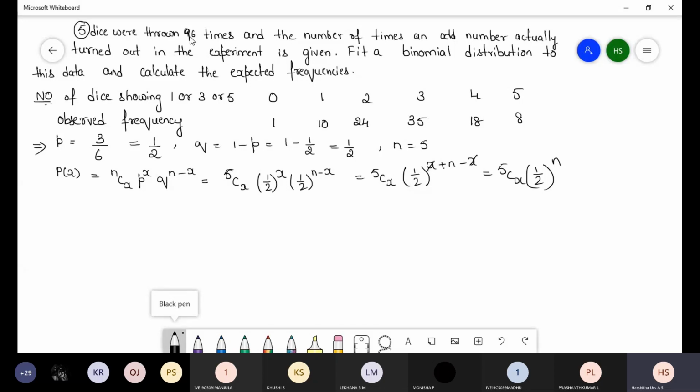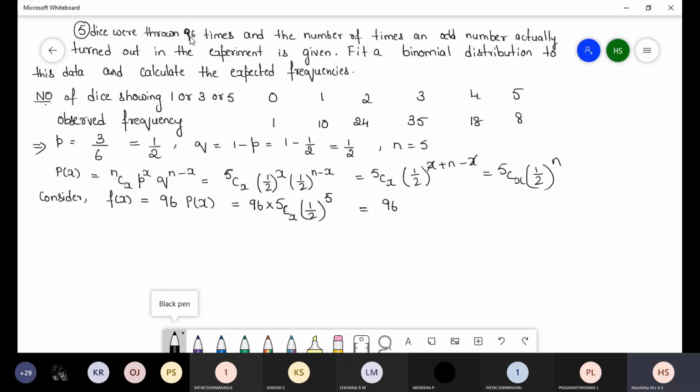Now we have to find the expected frequency. So here consider the expected frequency, that is f of x, is equal to how many times? 96 times into p of x. So here 96 into 5Cx, 1 by 2 power n, where n value is 5.